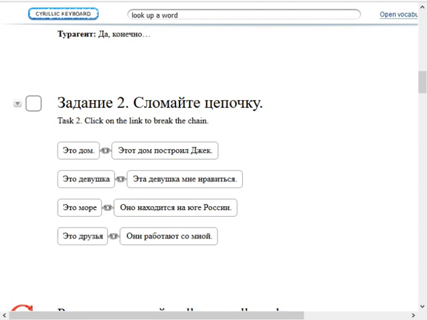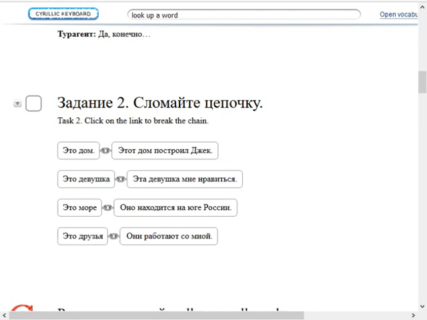But before we click on anything, let's read the first line here. So, это дом, this is a house. Этот дом построил Джек. Obviously in English, this is the house that Jack built. Literally, it's house built Jack. I wonder, could you interpret this, linguistically, as this is the house that built Jack?